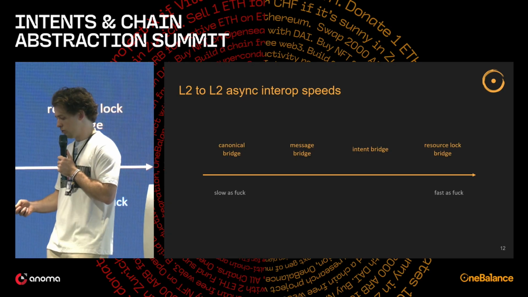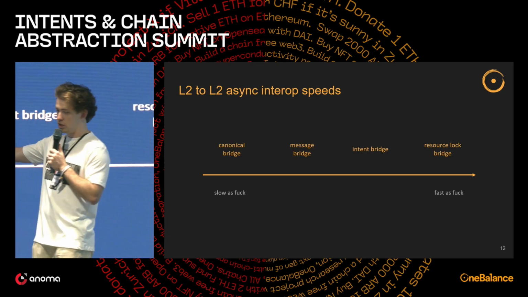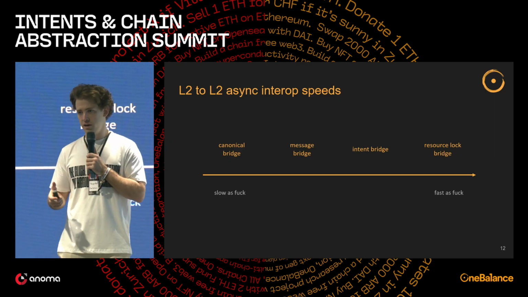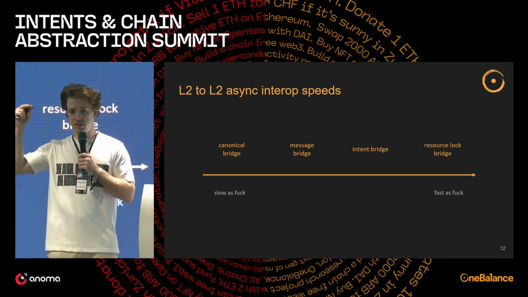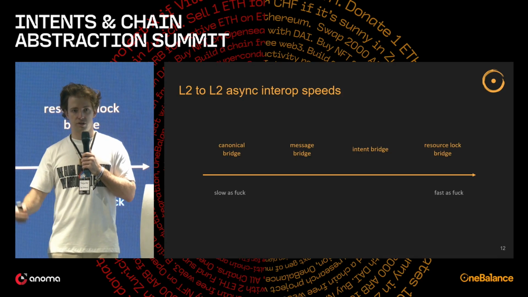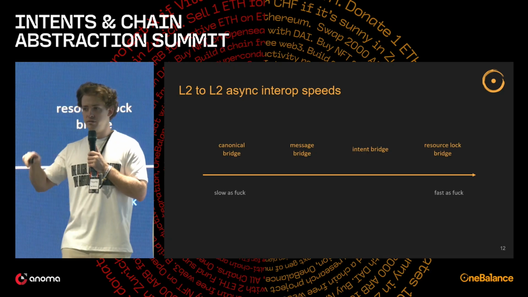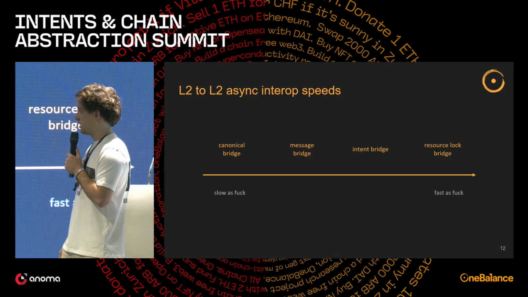A good example of message bridge speed is the deposit time on a centralized exchange, whether it's Coinbase or Binance. Depending on the chain you're depositing from, they wait for a certain number of confirmations, and that's a good representation of what the speed of message passing bridges can be.